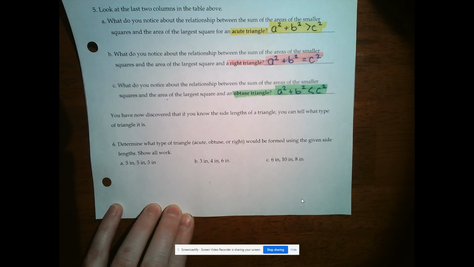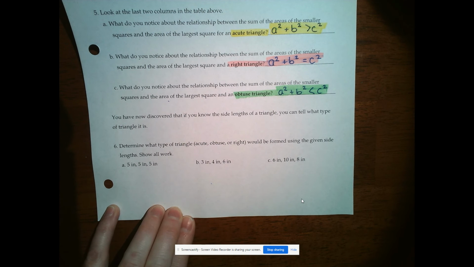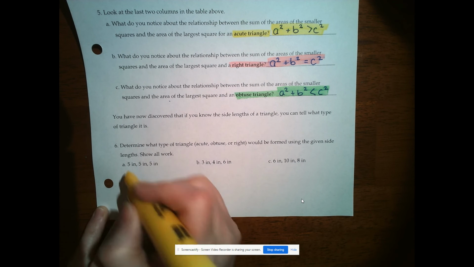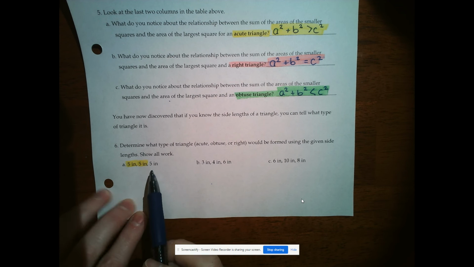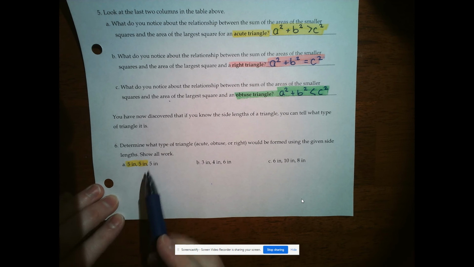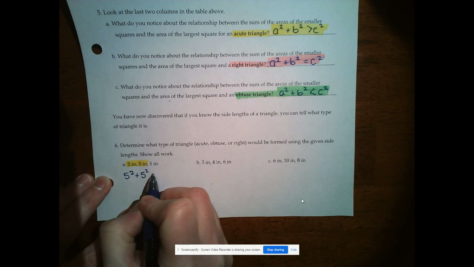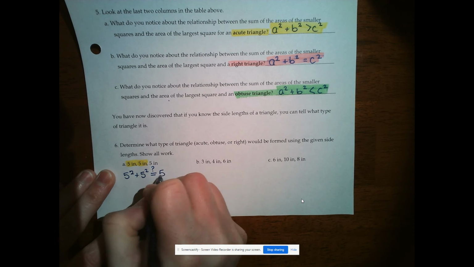Determine what type of triangle, acute, obtuse, or right, would be formed if it was 5 inches, 5 inches, 5 inches. So first thing I'm going to tell you is make sure that you identify the two shortest sides. So 5 inches and 5 inches are the two shortest sides, and then the remaining 5 is going to act as our longest side. So we would do 5 squared plus 5 squared, and then we would put an equal sign with a little question mark over the top because we don't know if it's going to come out equal or not.